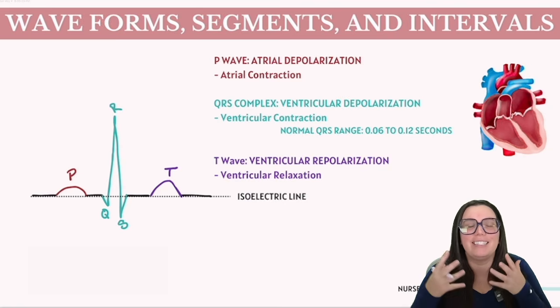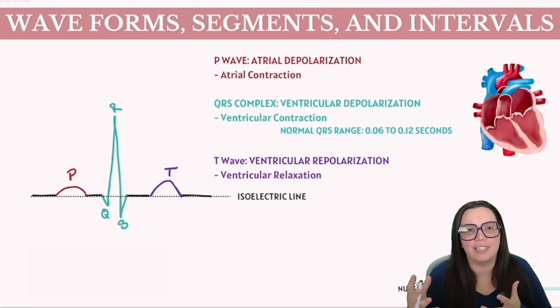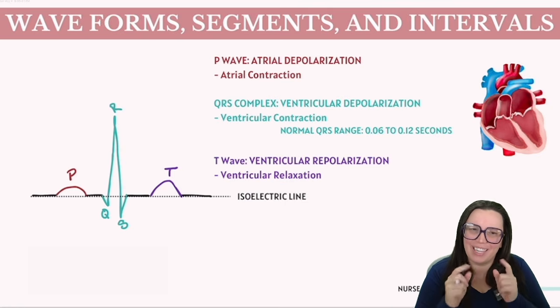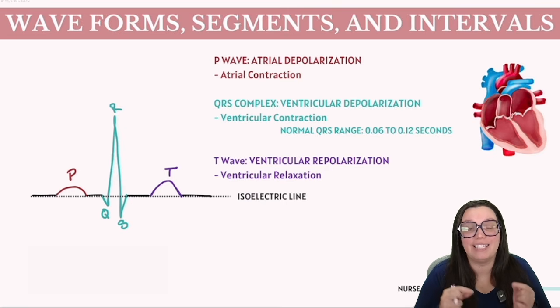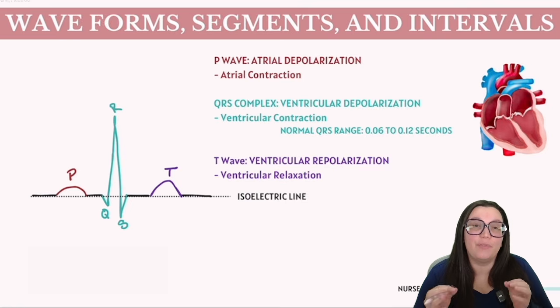This baseline is essential for interpreting the heart's electrical signals accurately, allowing healthcare professionals, like you, to distinguish between the various phases of the heart's activity, such as depolarization and repolarization cycles. It aids in identifying abnormalities in heart function by highlighting deviations from normal heart rhythm patterns, making it a fundamental aspect of ECG analysis.